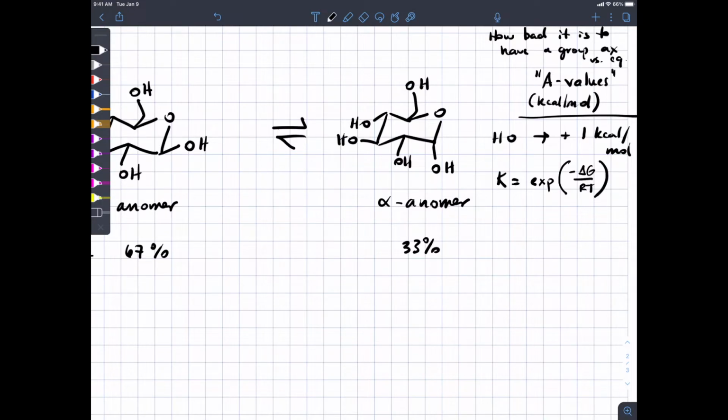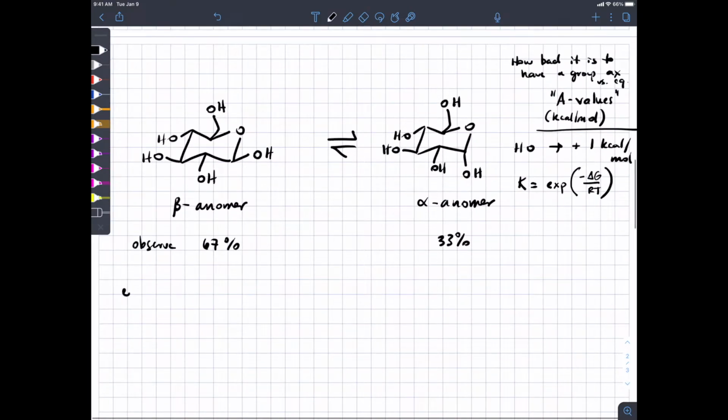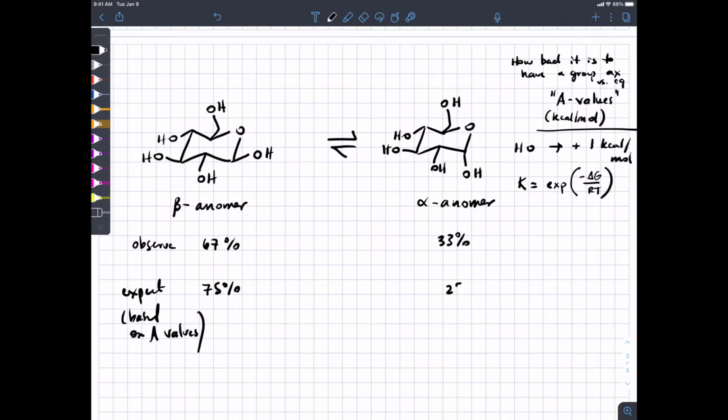So plug in the numbers that apply at room temperature, and you come up with the expectation based on A values that actually we would have expected 75% beta anomer versus 25% alpha anomer if sterics were the only thing that was going on. All right?